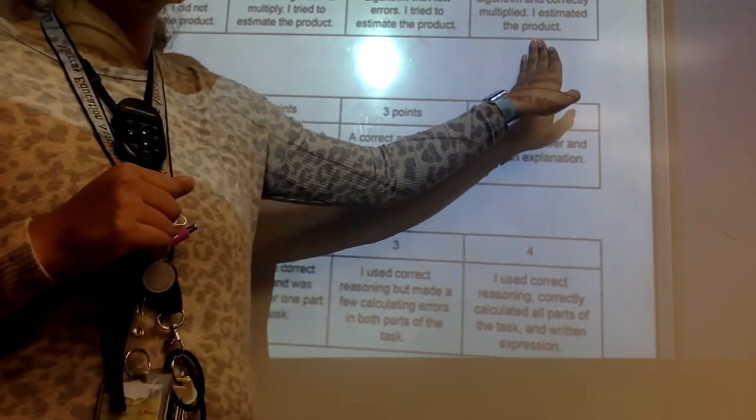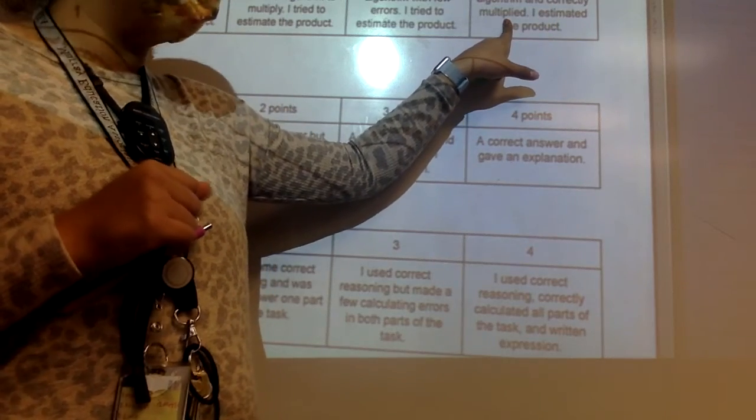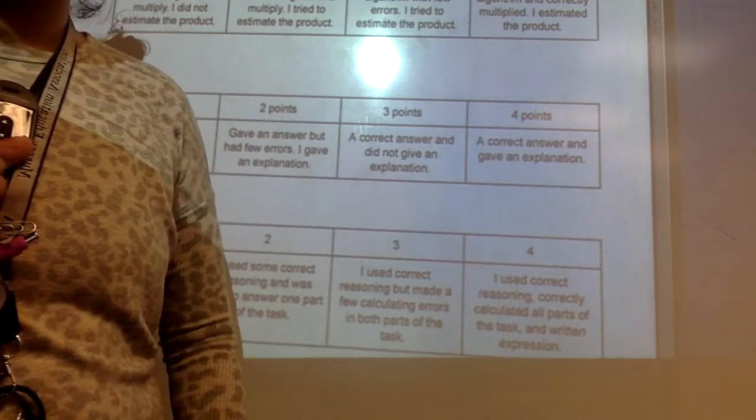You will get the whole 4 points if you use the standard algorithm and correctly multiplied, so you got the correct answer, and you estimated the product as well.